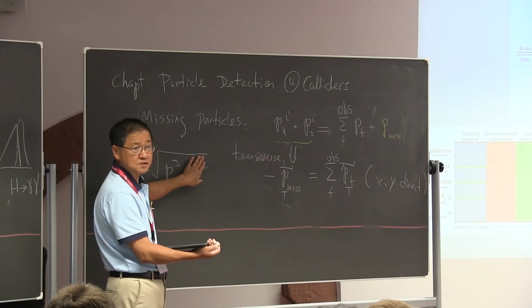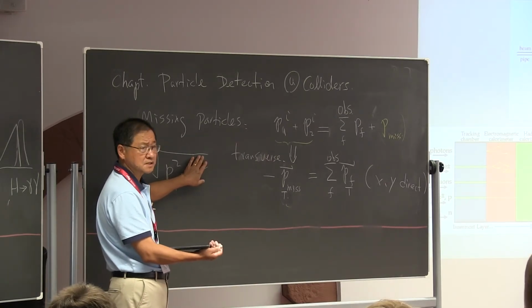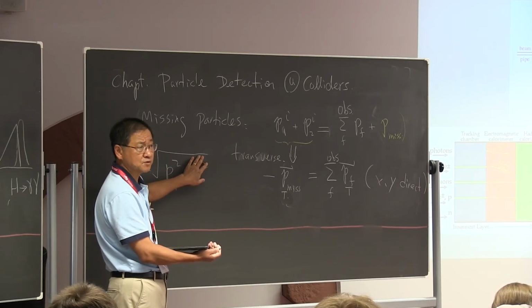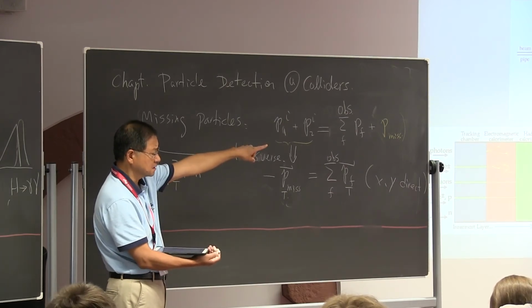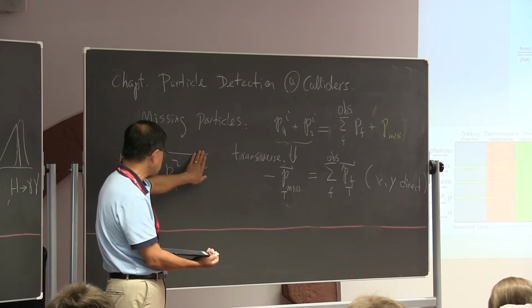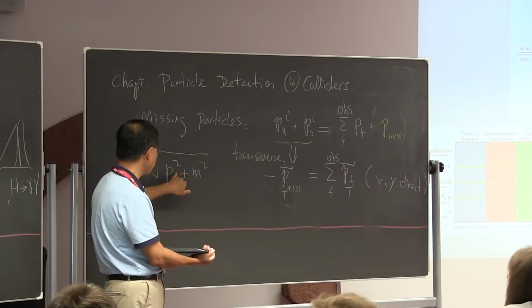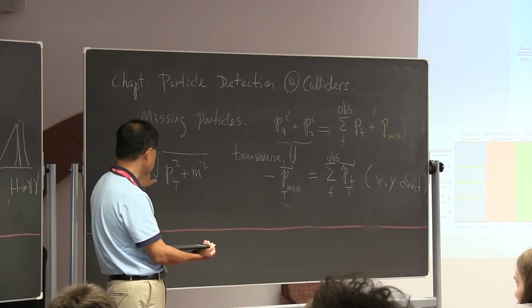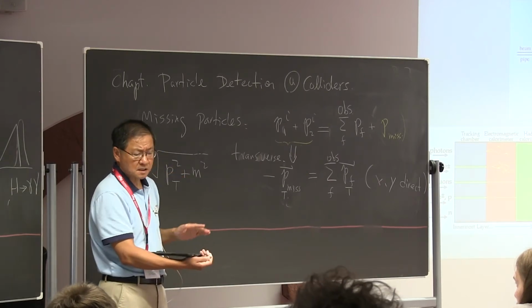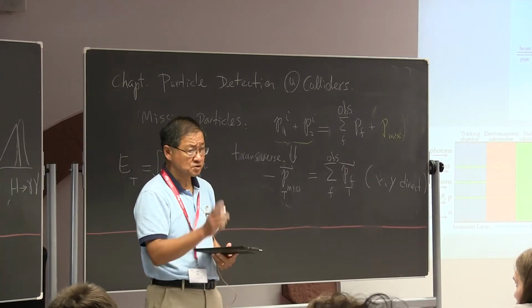Most of the time that is true: quarks, photons, electrons. We haven't seen the untrue case yet, but I will give you examples for beyond standard model new particles. Most of the particles measured in the detector components are massless, therefore the momentum magnitude is the same as the energy magnitude. You call this missing energy by the momentum. That's numerically okay, but conceptually different.